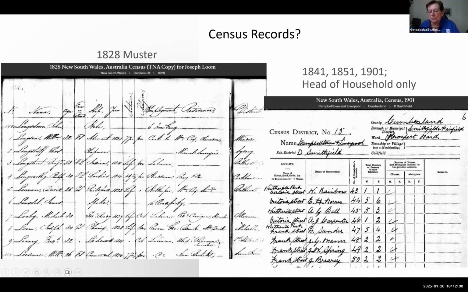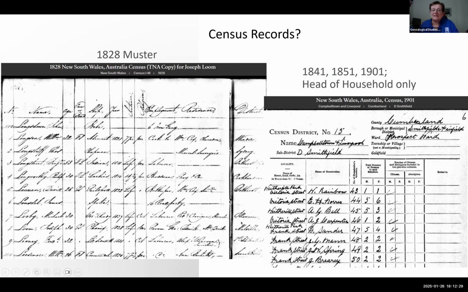And this is all negatives, although there are ticks there for Chinese. That means they're blank. They are not a colony of Chinese. That is just the enumerator ticking them off as not being any of those, Chinese or Aboriginal.